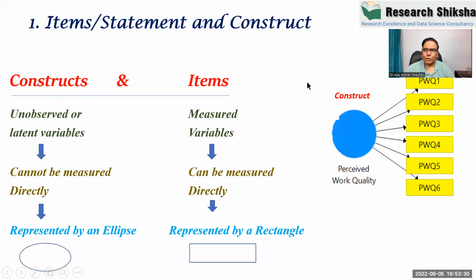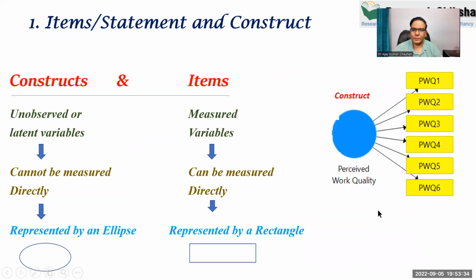Okay. So the first thing you need to understand is that whenever we are making models, in every model you have blue circles and yellow rectangles. The yellow rectangles are known as indicators or items or statements.